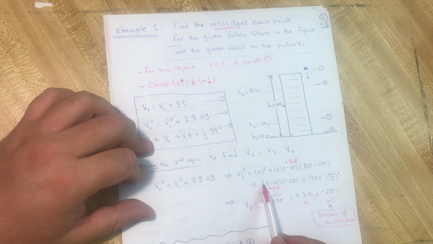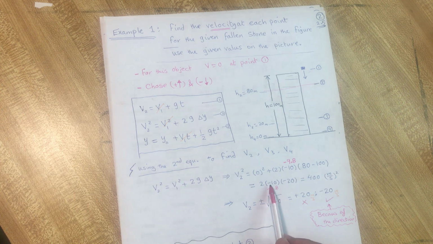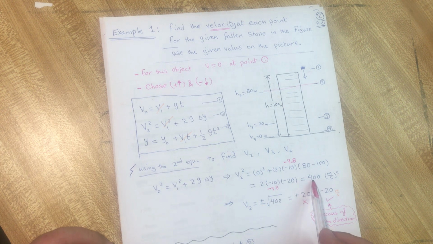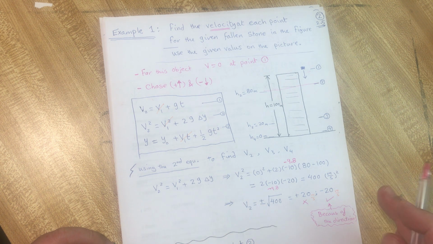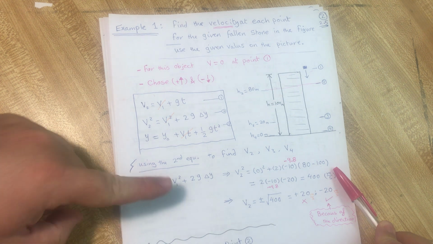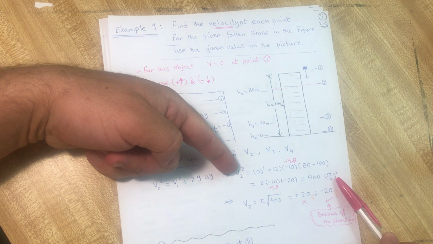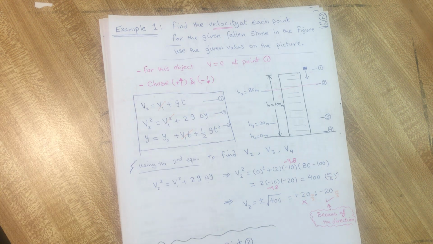Negative with negative will be positive, and the final will be 400 meter per second all squared, because the velocity is squared. The units of velocity is meter per second, but we have velocity squared, so this unit is squared. We need the velocity, not the square of it.